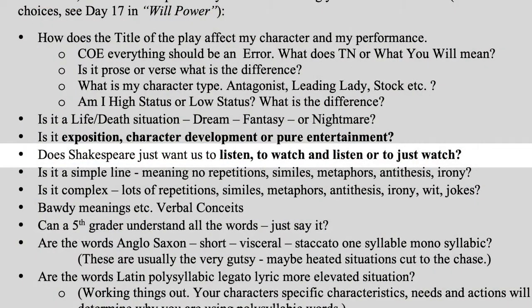So you need to look at your scenes beat by beat and say, am I doing this? Then you must ask yourself in rhetoric, does the playwright, in this case Shakespeare, want us to just listen, watch and listen, or just watch? When we did Speak the Speech and the Height of Language, we gave very thick language, and we said, you should just stand and deliver.